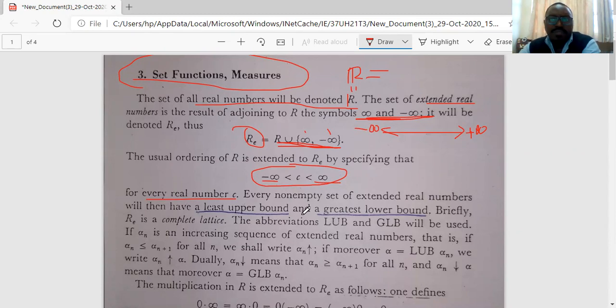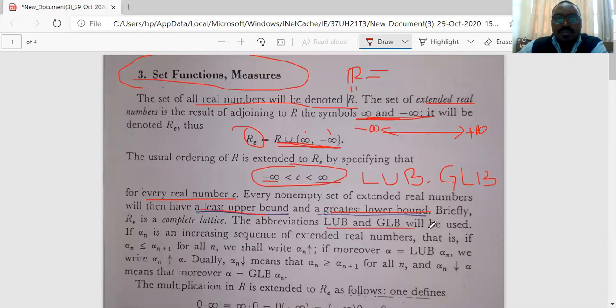Now, every non-empty set of extended real numbers will have at least a least upper bound, LUB, and then we have the greatest lower bound, GLB.